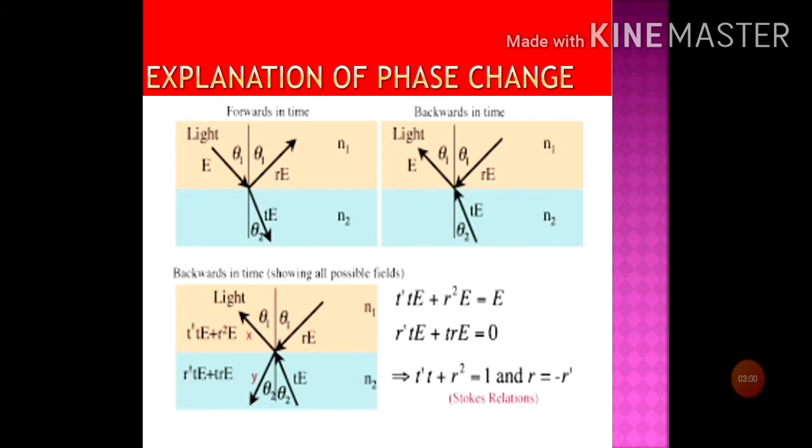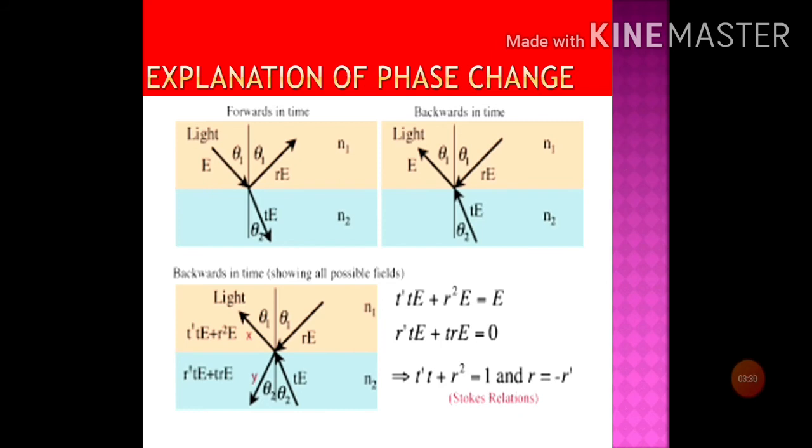Now come to the second figure. This is backwards in time. That is, the reflected and refracted rays get reversed. If I reverse the reflected ray, which has the amplitude RE, when this reflected ray falls on the surface of the denser medium, it will again produce two waves. The first one will be reflected and the second one will be refracted.